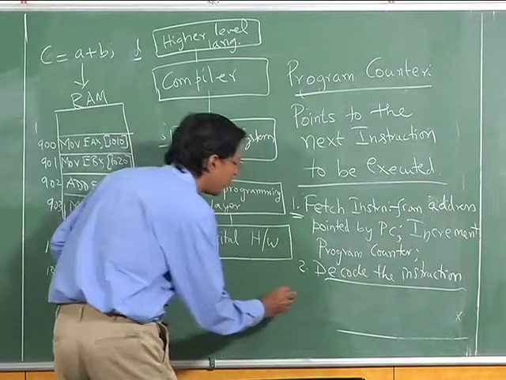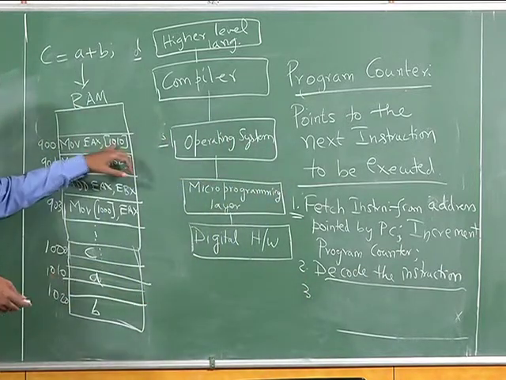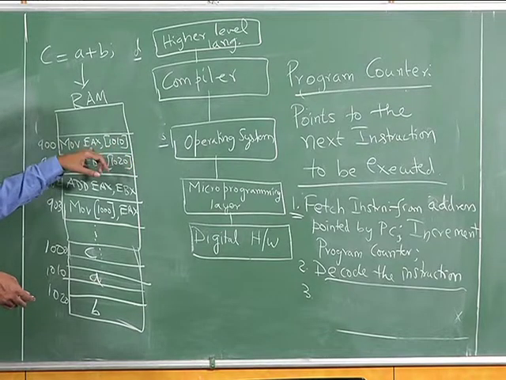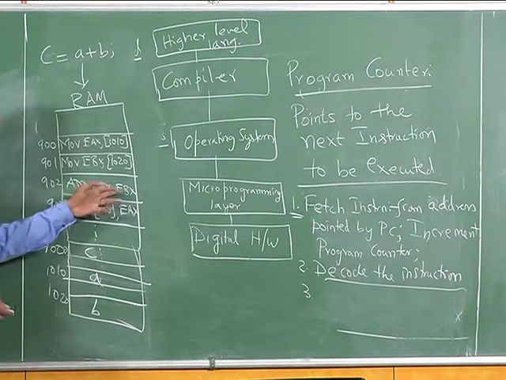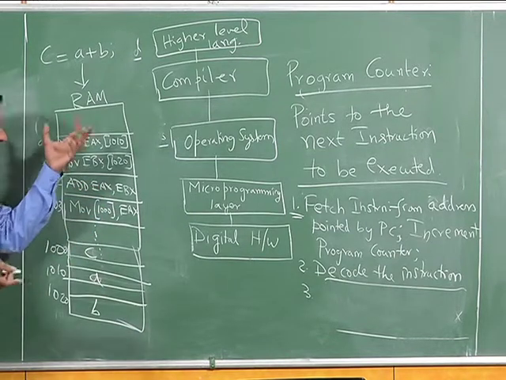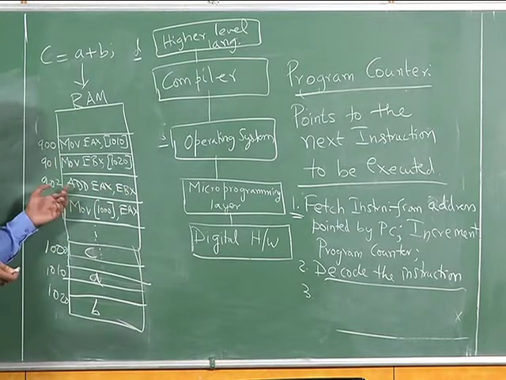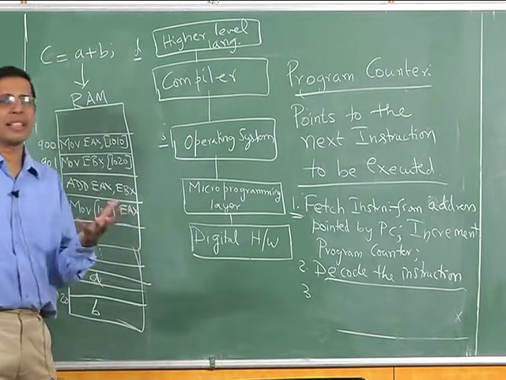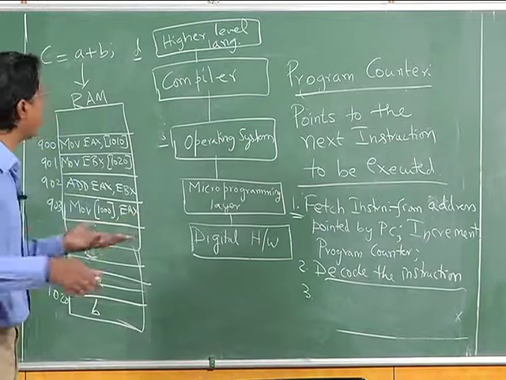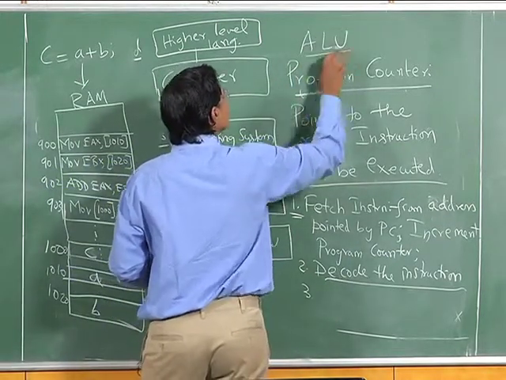The next step is that it has to fetch the data from 1010 and store it in EAX. In the case of add EAX, EBX, it has to fetch the data from EAX and EBX, which are registers, and add them. So first it has to fetch the data. Basically the CPU will have something called the ALU, the arithmetic logic unit.